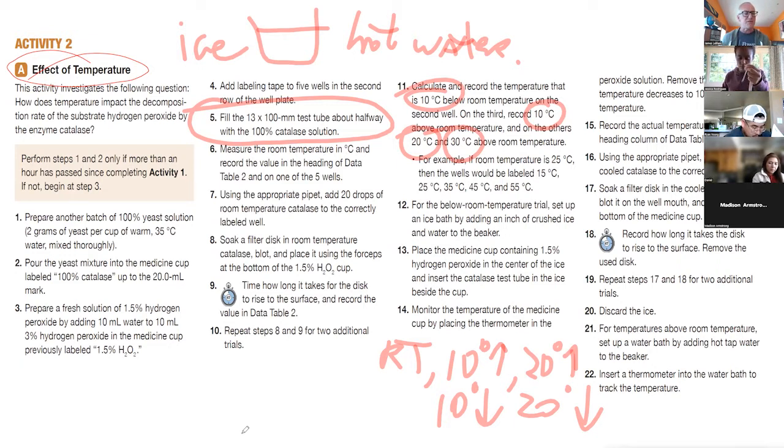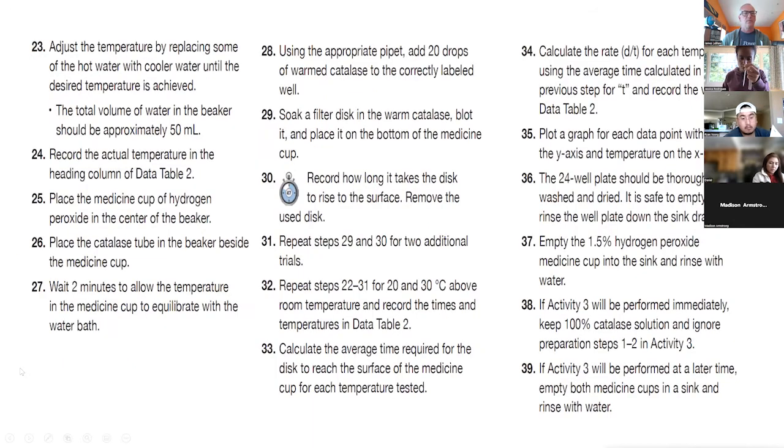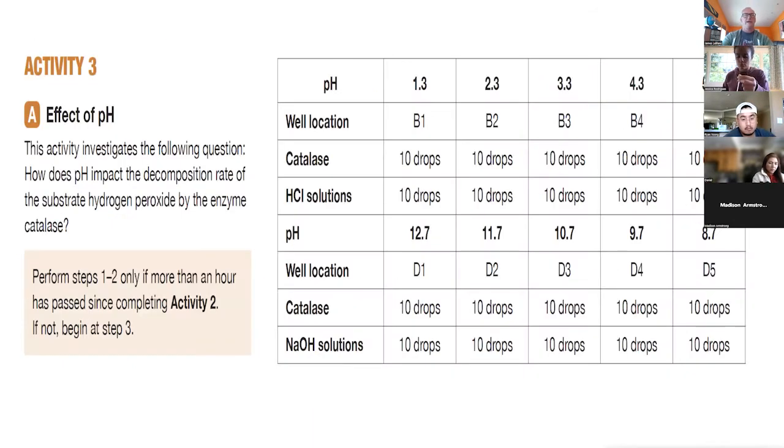And then for the last one, we're looking at the effects of pH. And so it's really important to read the instructions really carefully, because there's a lot of serial dilutions in this one, where you're going to be taking 5 drops from one well and putting it in the next one, and then taking 10 drops from that and putting it in the next one.